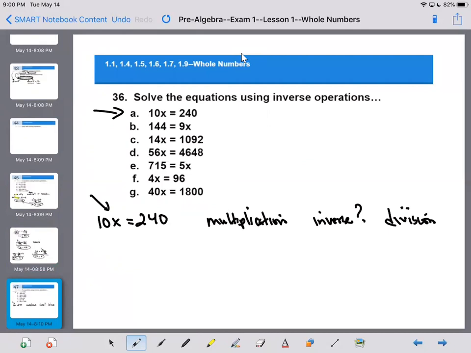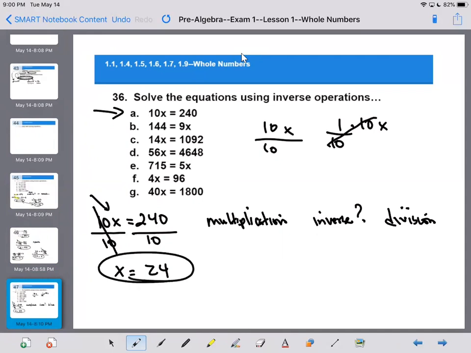So that's what you're going to apply. You're going to divide both sides by 10. This goes to 1x, which is what you wanted. That's that multiplicative inverse. This idea of taking 10x and dividing it by 10 is the same as taking 10x and multiplying it by its inverse. Well, that's going to go to 1x. And then 240 divided by 10 is 24.